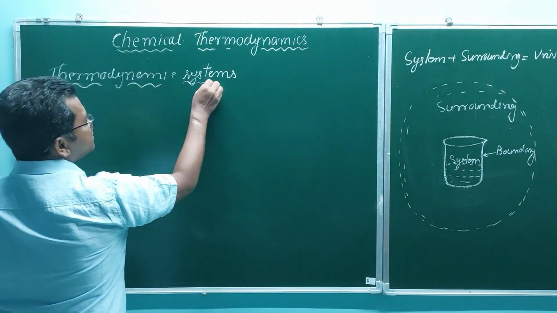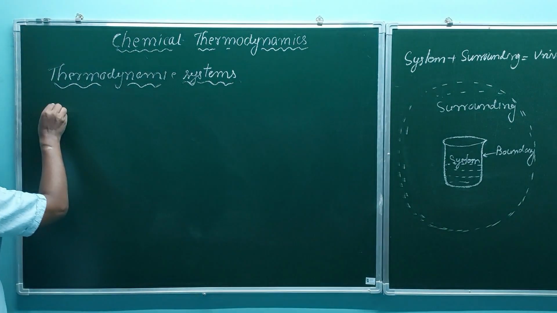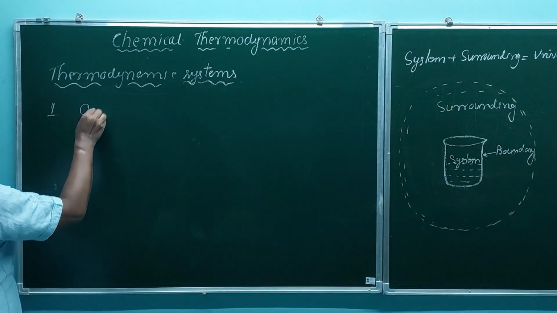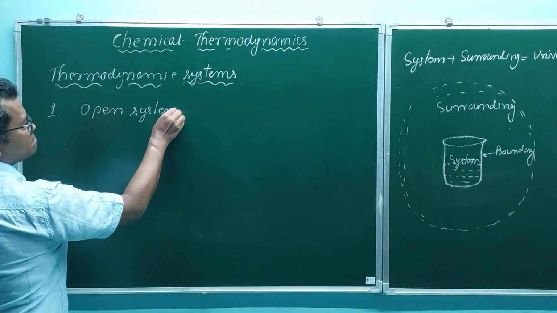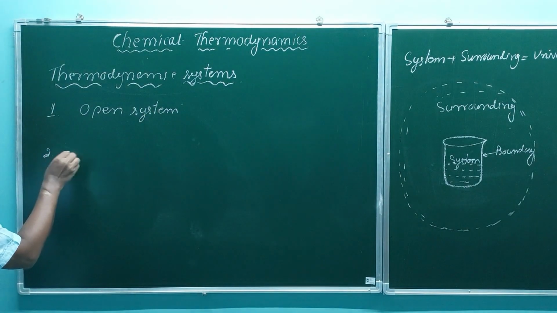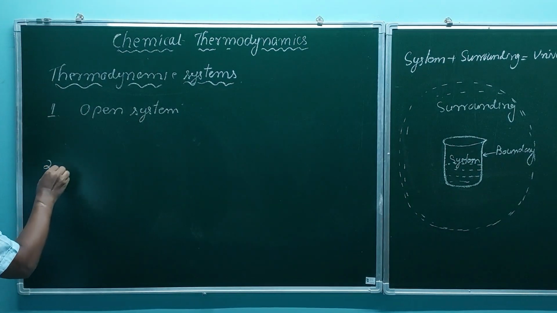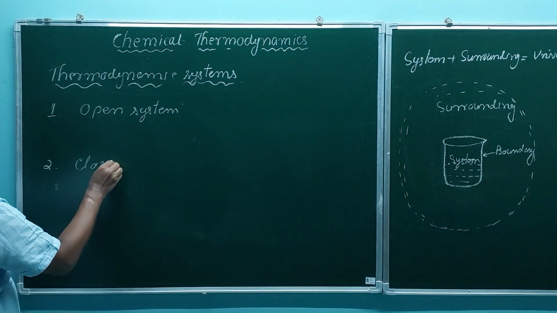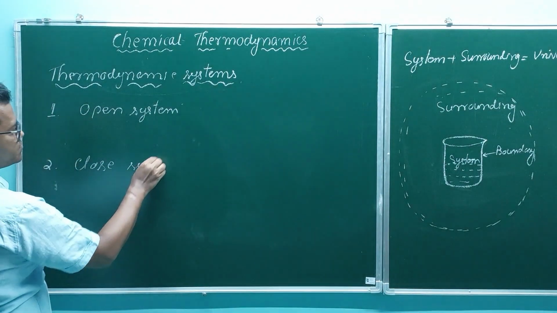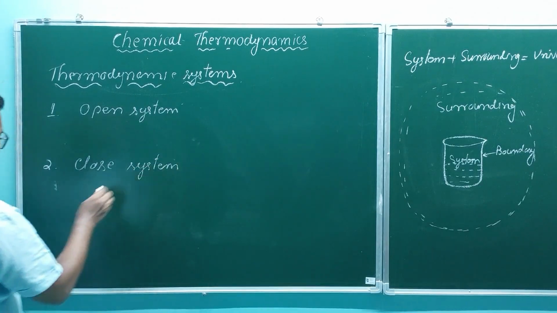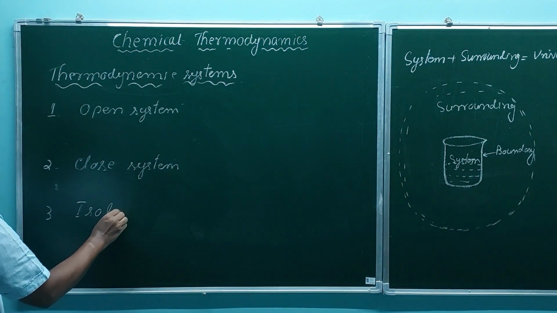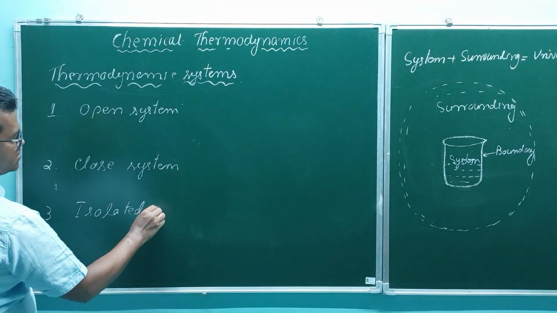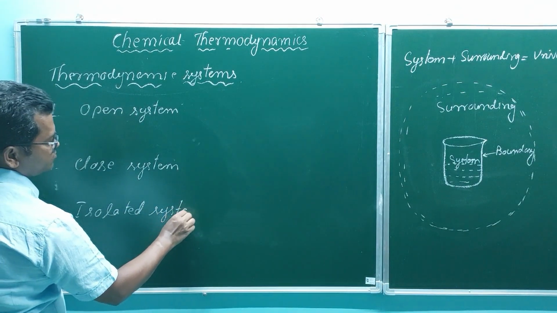Number one is open system. Number two is closed system. And number three is isolated system.